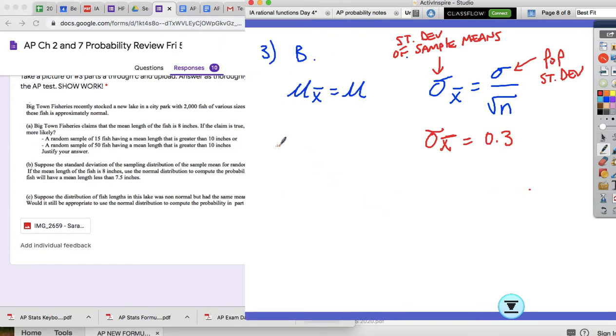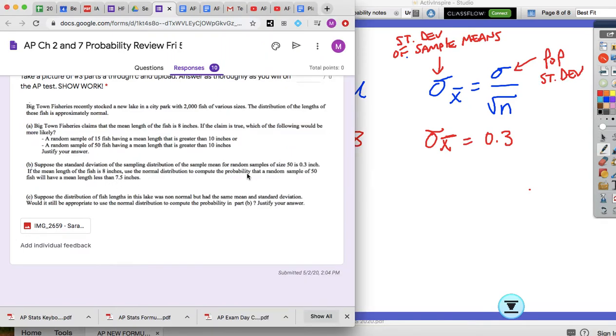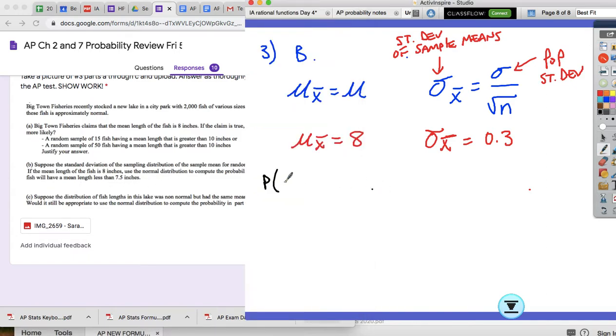So that's huge. And in this problem, the population mean we were told is 8. So we have the information we need, and we are trying to find the probability that a random sample of 50 fish will have a mean length less than 7.5.